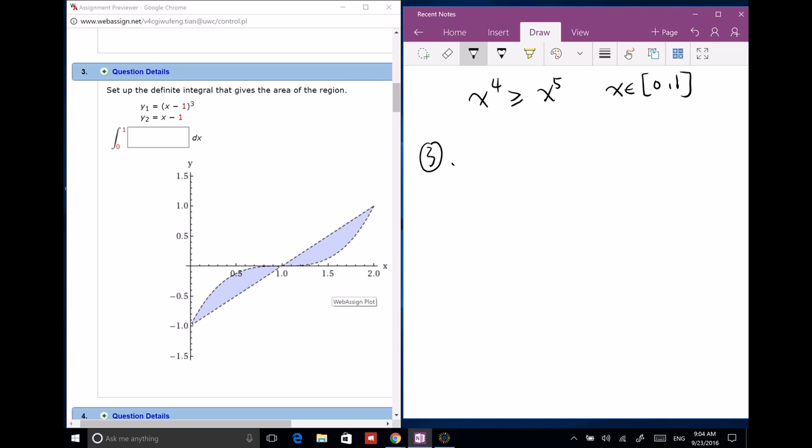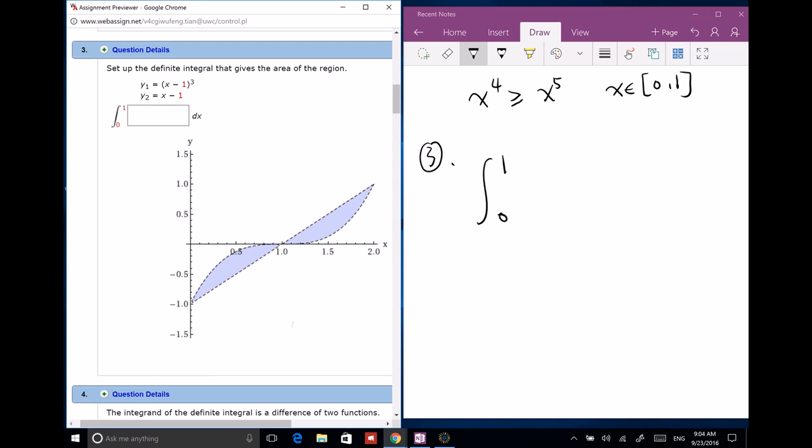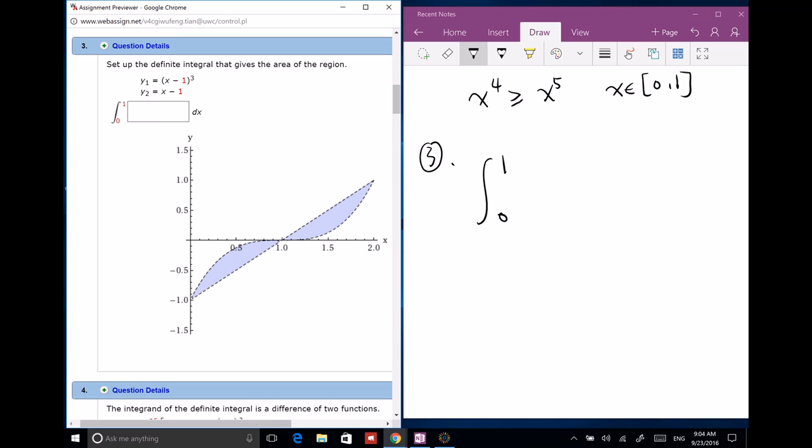Okay, so how do I set up the integral here? From 0 to 1.